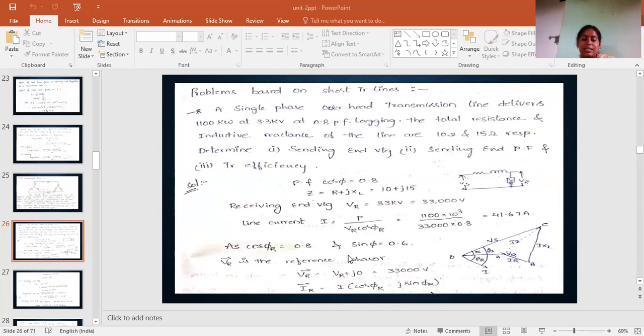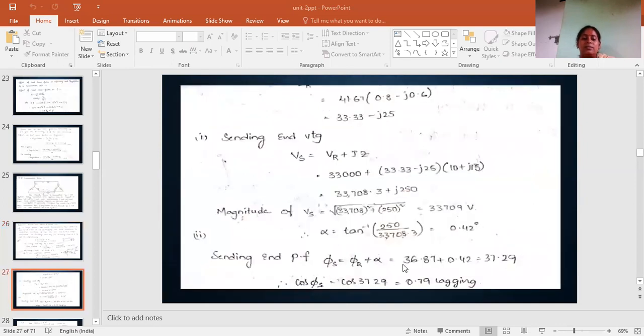So we get phi r as 36.87, plus the alpha value 0.42, and adding them we get phi s as 37.29. Cos of 37.29 is 0.79 lagging. Okay, this is the calculation for the sending end power factor.